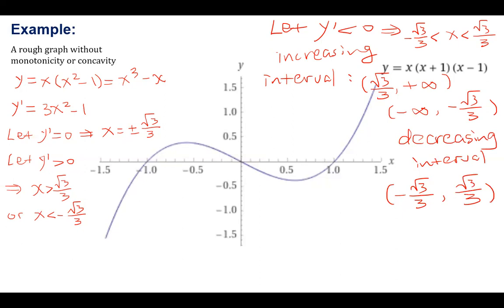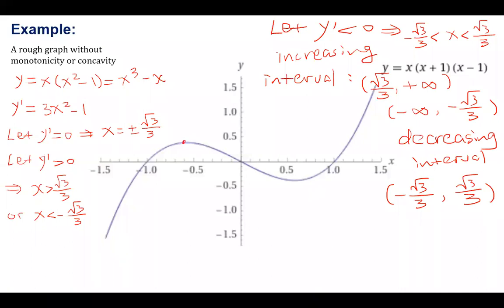And at x equals negative square root of 3 over 3, because before and after this point the first derivative changes sign from positive to negative, right? Therefore, x equals negative square root of 3 over 3 is a local maximum, which is here.